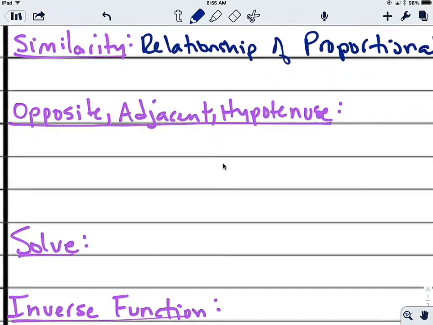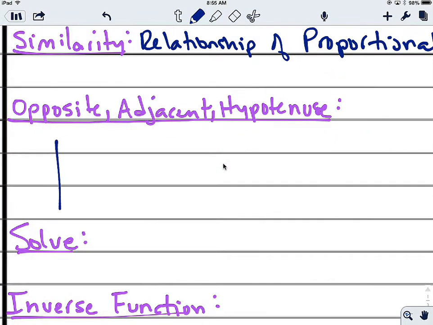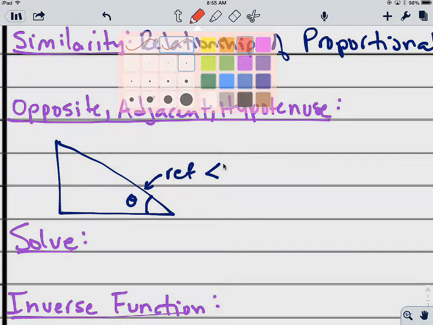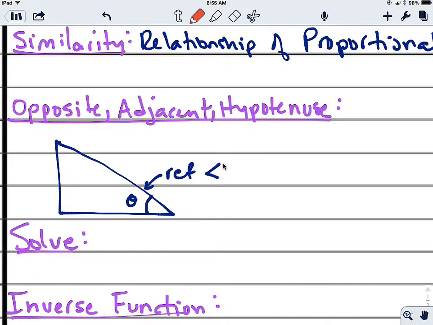You've heard these terms already: opposite, adjacent, hypotenuse. Let me draw you a picture because it makes the most sense. If I pick a reference angle, the terms opposite, adjacent, and hypotenuse just refer to the sides of a triangle in relationship to that reference angle. The opposite side is here, the adjacent side is the one that touches it, and the hypotenuse will always be across from the right angle.